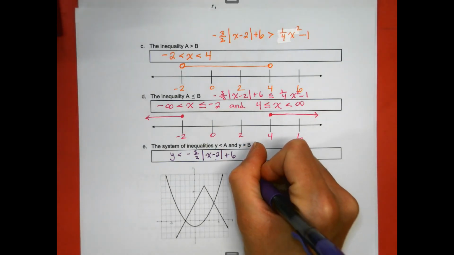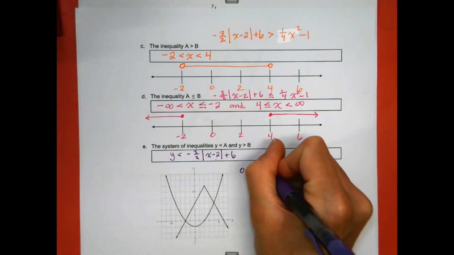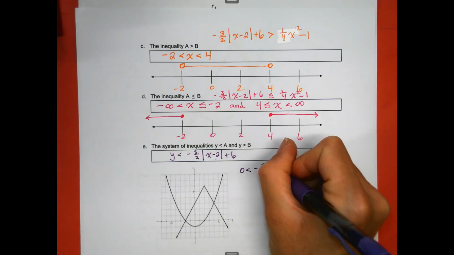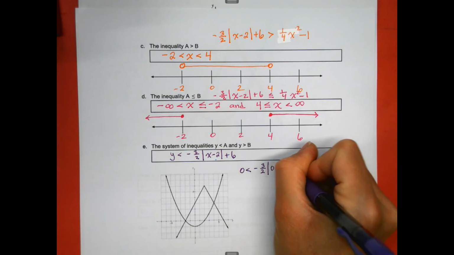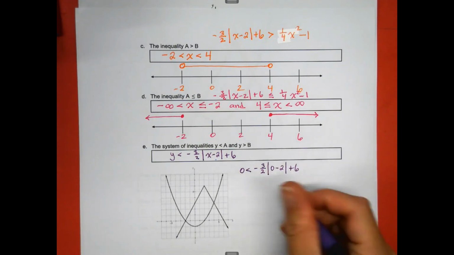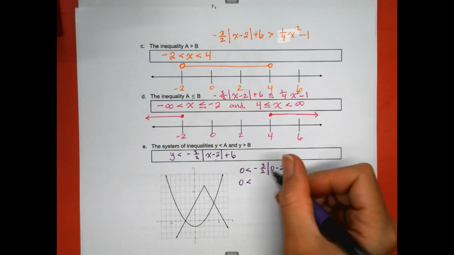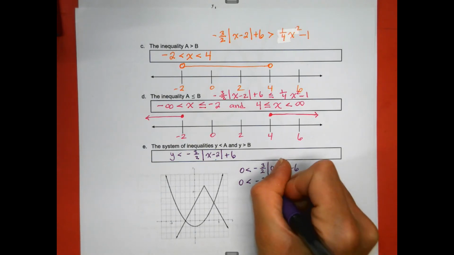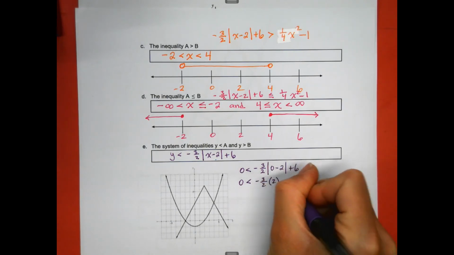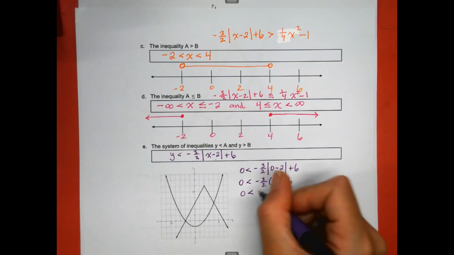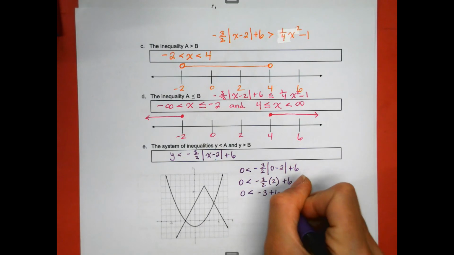So 0 is less than negative 3/2 times the absolute value of 0 minus 2, plus 6. And we end up with 0 is less than negative 3/2 times 2, plus 6. So is 0 less than negative 3 plus 6?